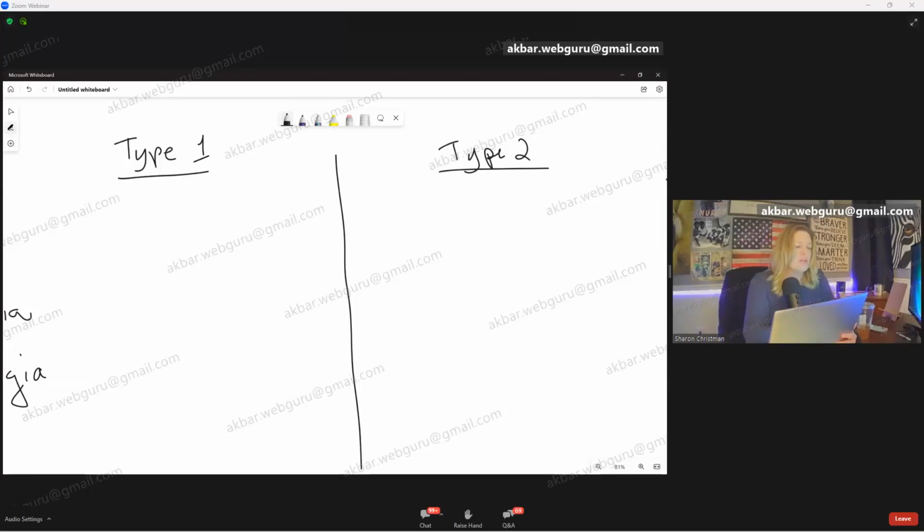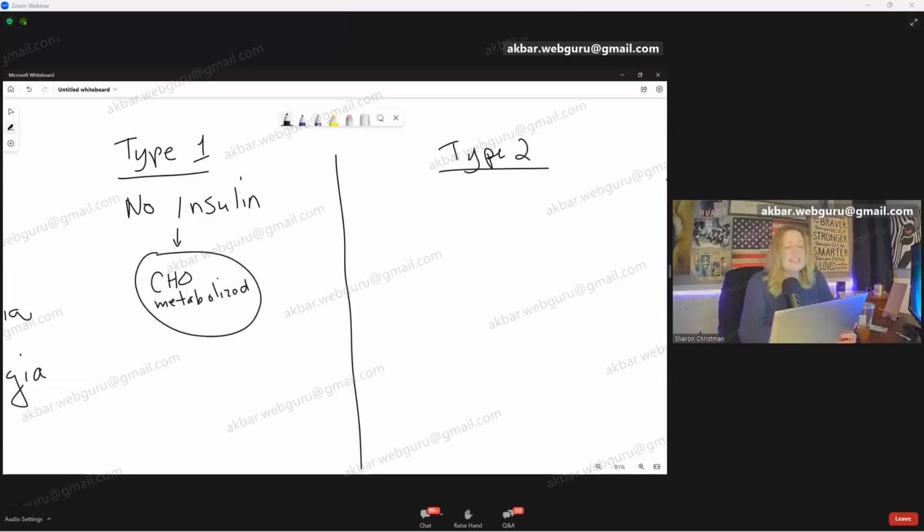So type 1. The problem with type 1 is that there is no insulin. The pancreas is not making any insulin. Now, you have to have insulin in order for carbohydrates to be metabolized. Carbohydrates are metabolized inside the cell, and insulin is the key that unlocks the door of the cell.